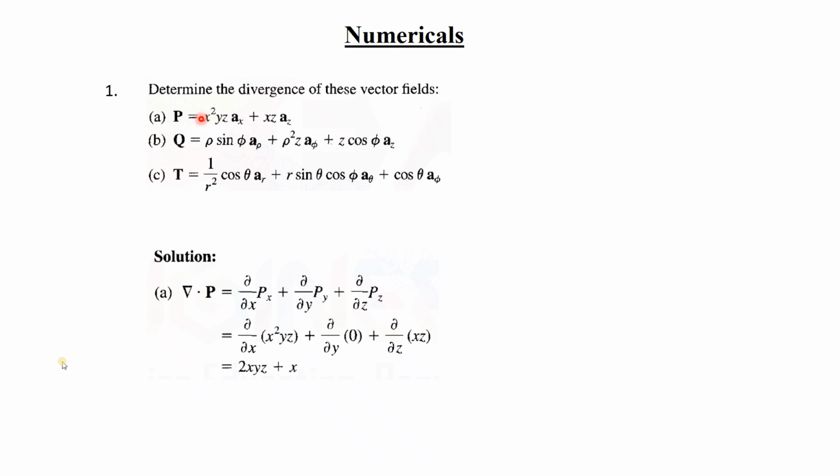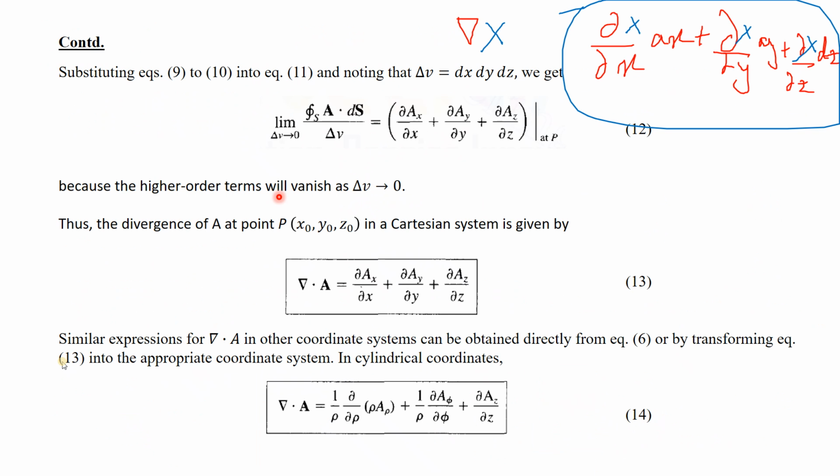Okay. So let us see some numericals. This numerical is quite easy. There is not too much difficulty because three questions are given, that means three parts. The question is the same, that we have to calculate the divergence of the vector, but over here vector P is given in the Cartesian coordinate system, vector Q is in the cylindrical coordinate system, and vector T is in the spherical coordinate system.